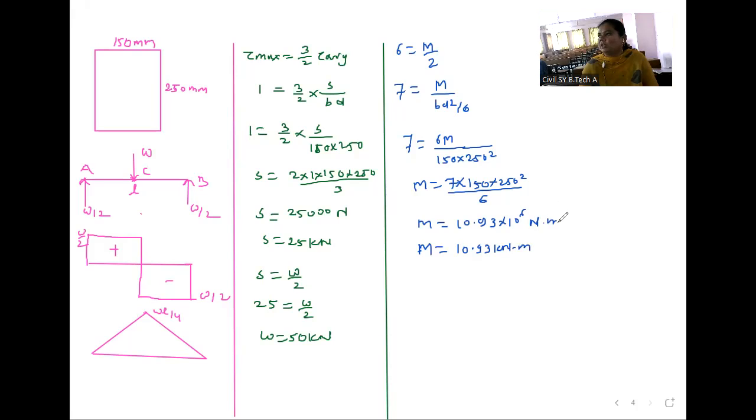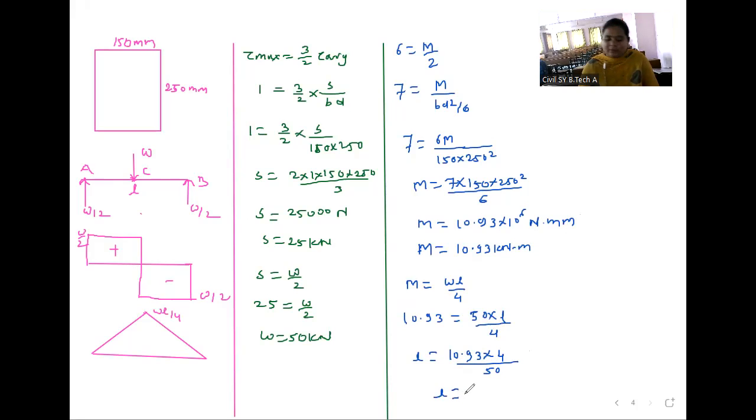Then we will apply the bending moment formula. M equals WL by 4. So M is 10.93, which equals W 50 into L divided by 4. So L equals 10.93 into 4 divided by 50.